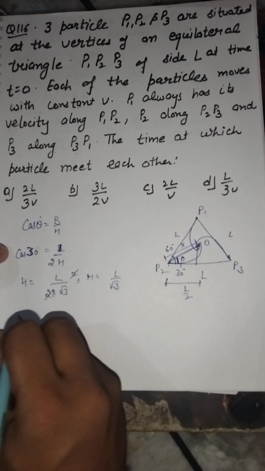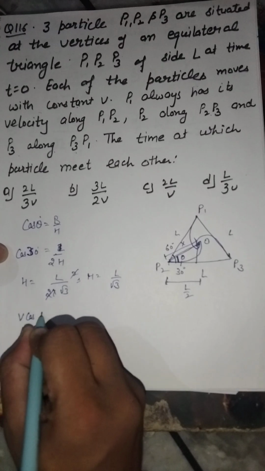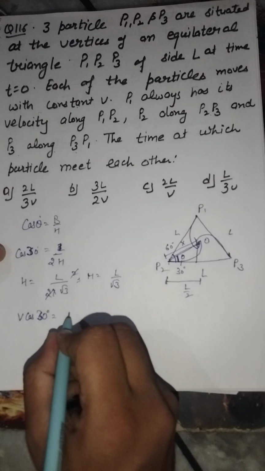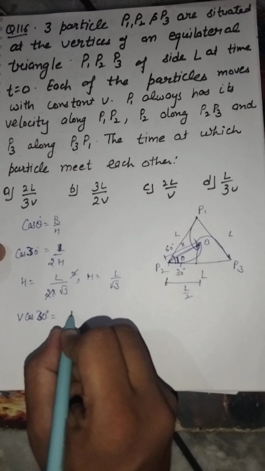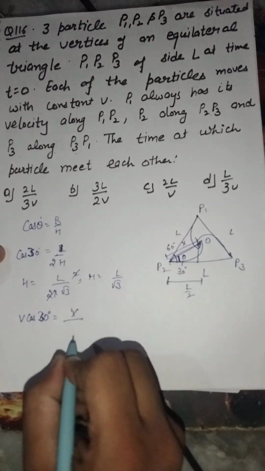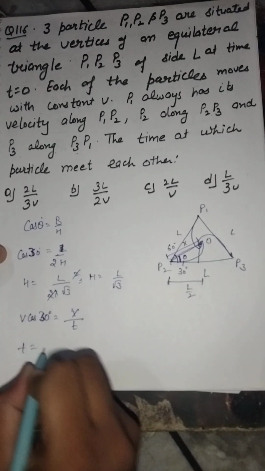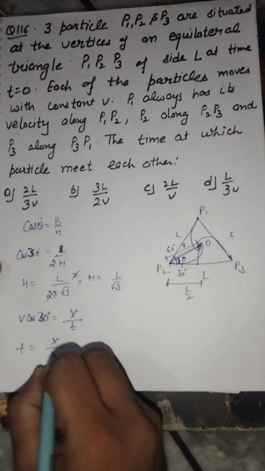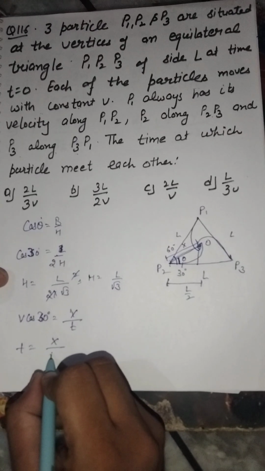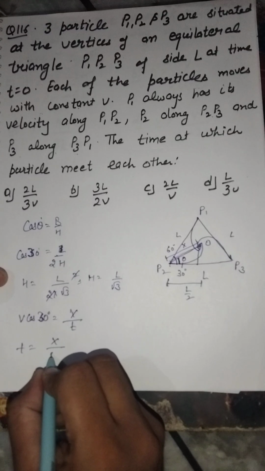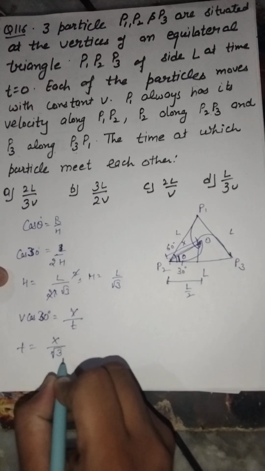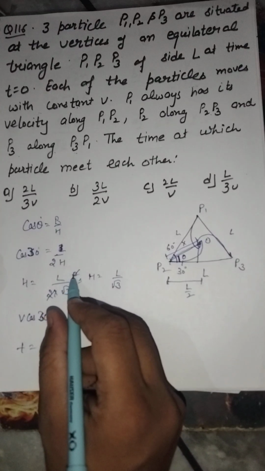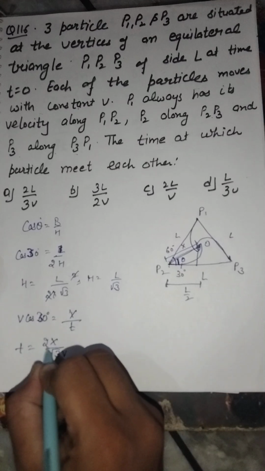Now velocity v cos 30 degrees is equal to displacement upon time. Displacement is x and time is t. So t is equal to x upon v cos 30. v cos 30 degrees has value root 3 v by 2.